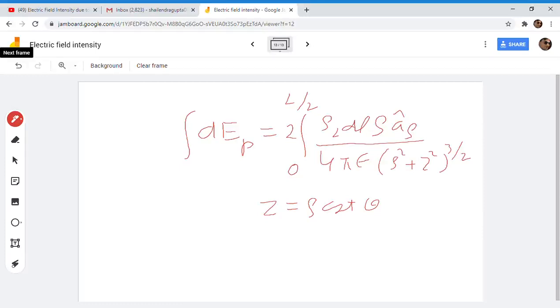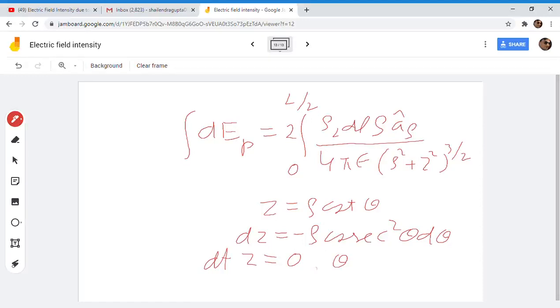Then from here you get dz equal to minus rho cosec square theta d theta, and your limit at z equal to 0, your theta will be pi by 2, and at z equal to L by 2, what will be your theta?